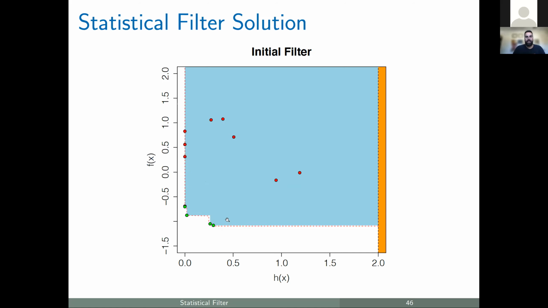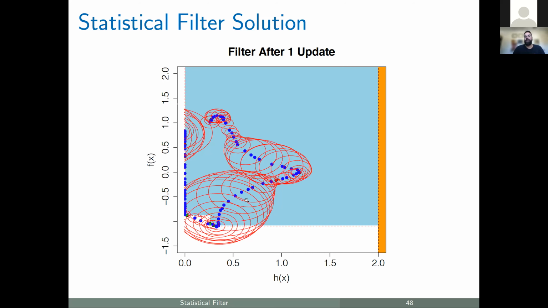Areas such as in this area where there's no data collected should have larger ellipses. And so that's a property of the Gaussian process, and it's an intuitive property, is that your uncertainty shrinks around points that you've observed, and your uncertainty is high in areas that you haven't observed yet. And so from here, after one update, we'll select a point that has the largest proportion of its ellipse outside of the filter.